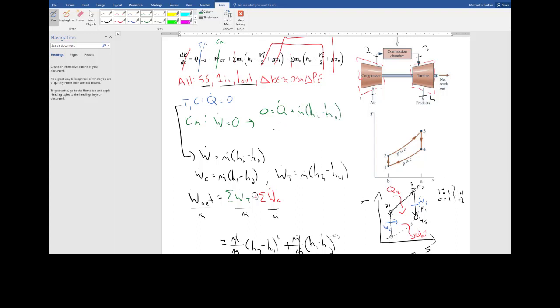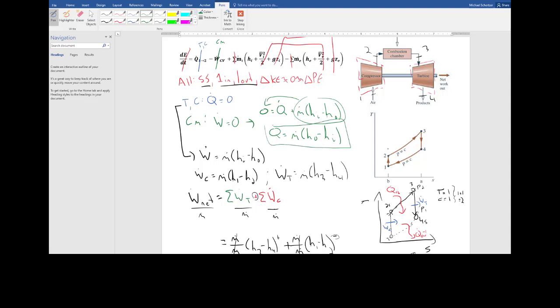But I want to solve for Q dot, so Q dot becomes m dot times h out minus h in, because I had to move this term to the other side of the equation, so I multiplied by -1, which means I just flipped the difference. Right, so that's how we get to this equation.